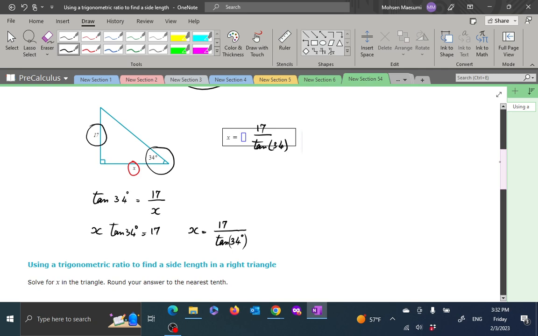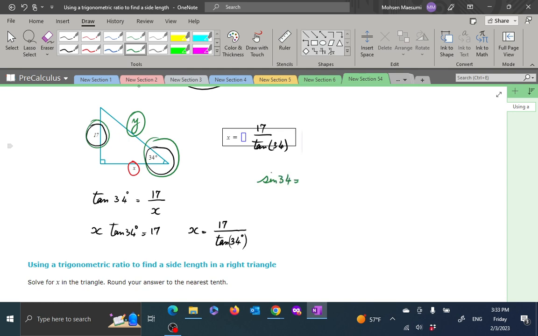Just so that we get the most bang for the buck here, let's suppose some other question was given to us. How about the y? What is the relationship between these three green items now, 34, y, and 17? What connects them? Of course now we say sine of 34 is the ratio of the opposite to the hypotenuse.